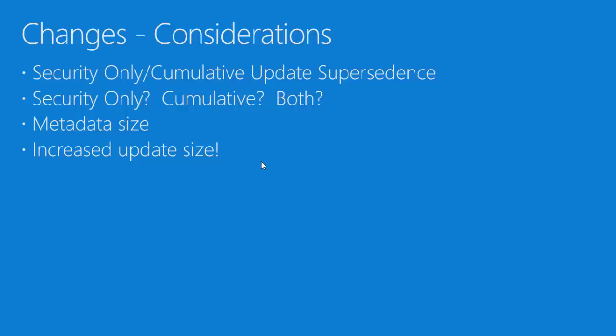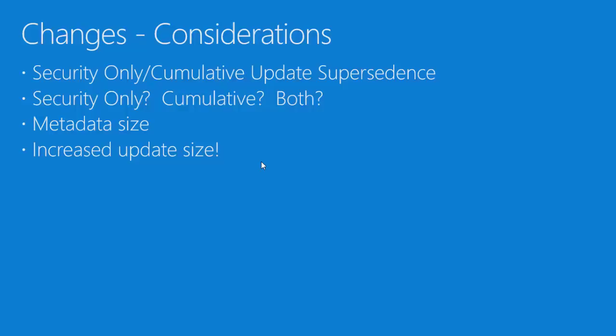It was really intended to be helpful: the cumulative updates would supersede the security-only, which was a mechanism to say, look, if you're deploying the cumulative, it's not necessary to deploy the security only. The net effect in ConfigMgr, depending on settings, was that when the cumulative updates came out, that immediately superseded the security only. The security only were expired, right? And couldn't really be deployed. So that was resolved. Now both stand alone.